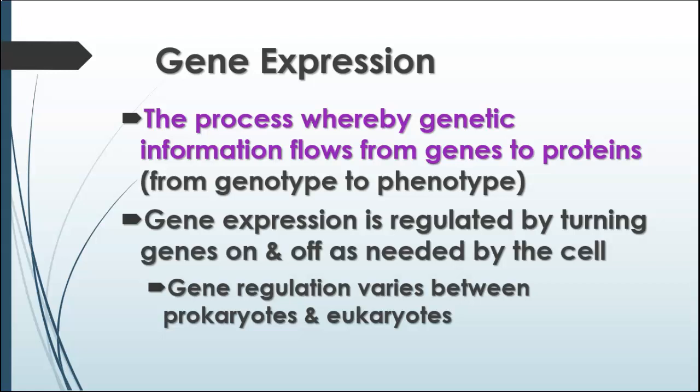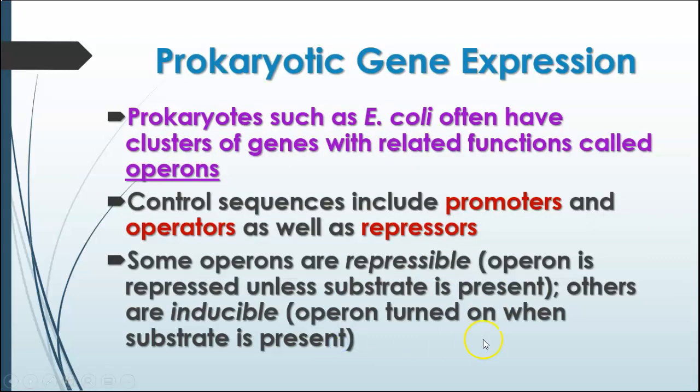And so we're going to talk first of all about how this works in prokaryotes, and then a little bit about how it works in eukaryotes. As you might understand, gene regulation in prokaryotes is a little bit simpler than it is in eukaryotes.